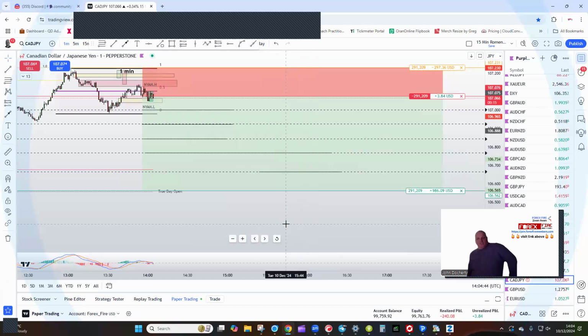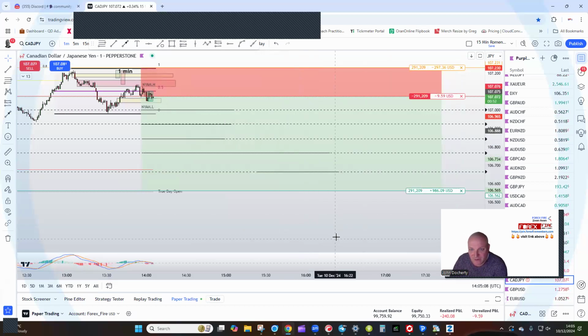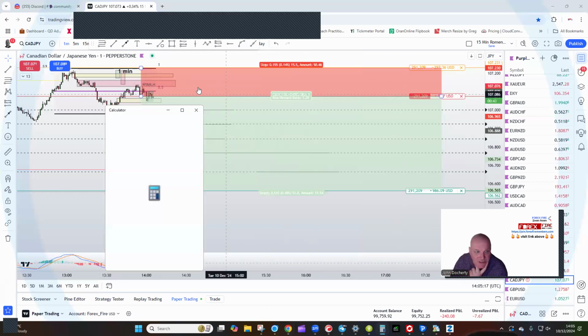Okay, I've got sections where I'm going to try to get a little bit more than the 1 to 2 out of it by the time I take the partials. I could be getting a good 1 or 2% back, but I don't want to halve it down too much. I'll maybe take a little bit off. So we've got 1, 2, 3, 4, 5. Get the calculator on. Where's my calculator?